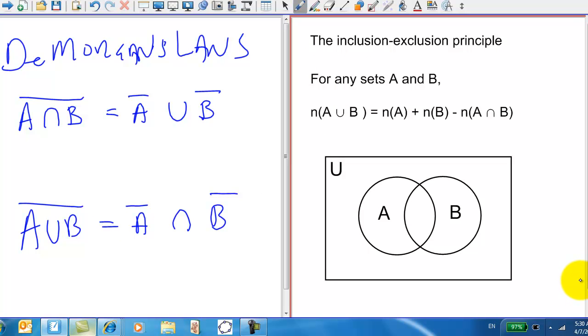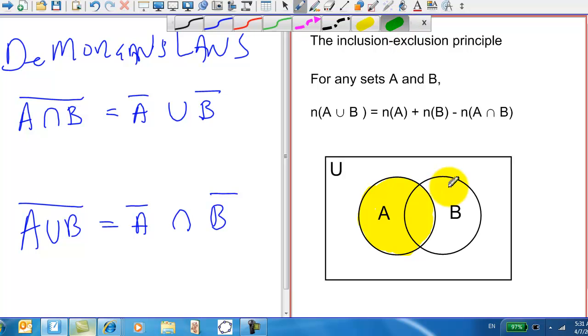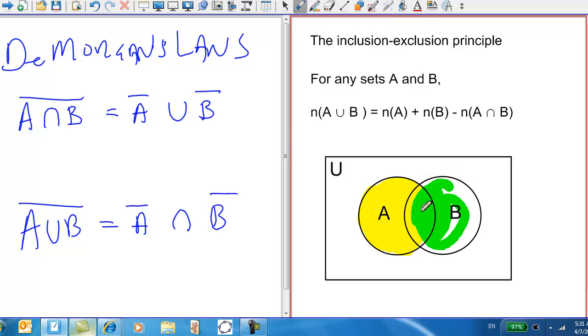Now here's the inclusion-exclusion principle, and that is for any sets A and B, the number of elements in the union of A and B is the number of elements in A plus the number of elements in B minus the overlap. Because if we look at all the elements in A and count those up and get this yellow area, and add that all up, and now if we look at B and add up all those, notice this was counted twice.